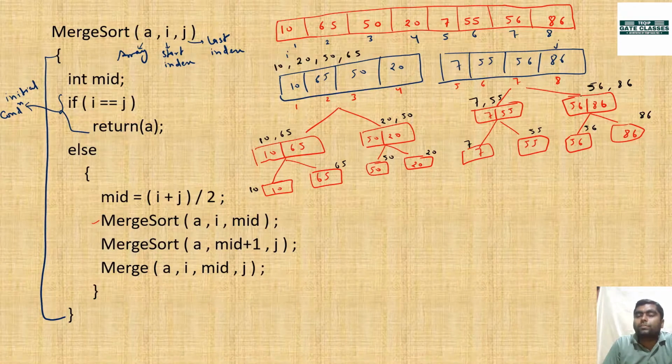This is one sorted subarray, 7 and 55, and this is another sorted subarray, 56 and 86. So finally what will be their result? You will get 7, 55, 56 and, this is not 50, this is 86. So it is 86, and finally their combined result will be nothing but what you will get.